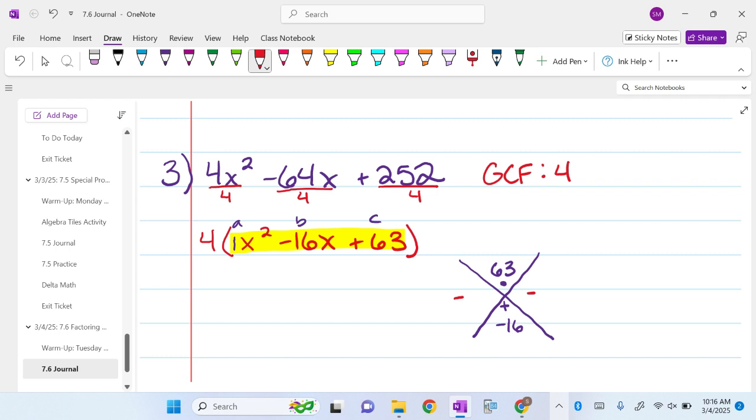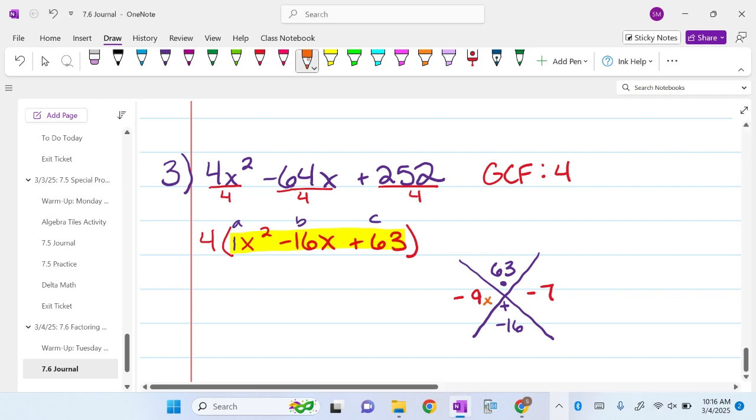Now, can anyone think of two terms that multiply to 63, add to negative 16? Come on, guys, that's basic multiplication tables. 9 and 7, good. So, negative 9 and negative 7.